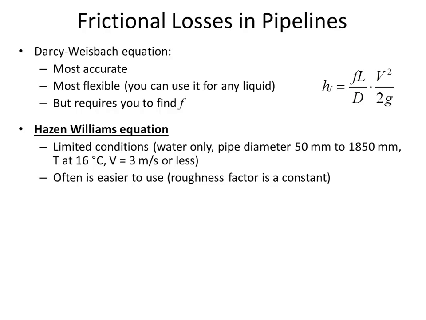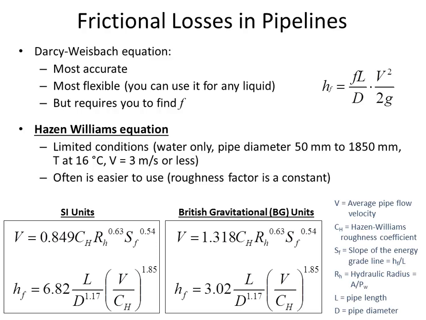I don't know exactly what it is in terms of Celsius, but maybe 8 Celsius or so. 12.7. 12.7, okay. So there will be some variation in head loss when you're outside of this range of diameters, temperature, and velocity. But of course, it is definitely easier to use because the C values in the Hazen and Williams equation are constants.